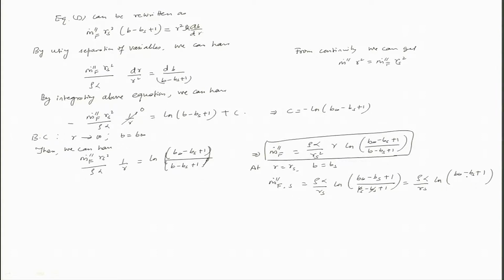So, keep in mind that I can write down that mass flux at the surface as Fs is nothing but your rho alpha by Rs ln of B plus 1, because this itself I can take as B, and B is basically the transfer number, which can be estimated using various expressions, right.